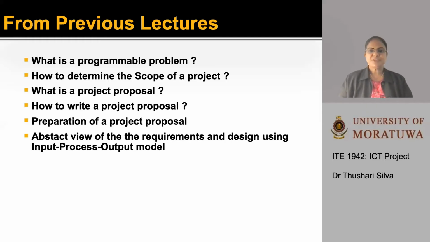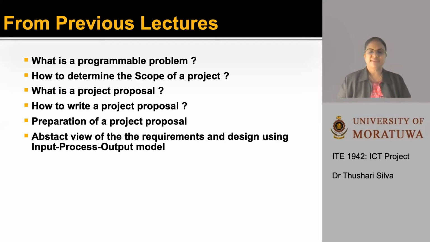Once you prepare a project proposal, you learned that there is a model you can include in your proposal chapter, called input, process, output. There you need to model what sort of input your system wants to read in, what the system does to those inputs, which creates the set of processes, and what the system generates as a final output.